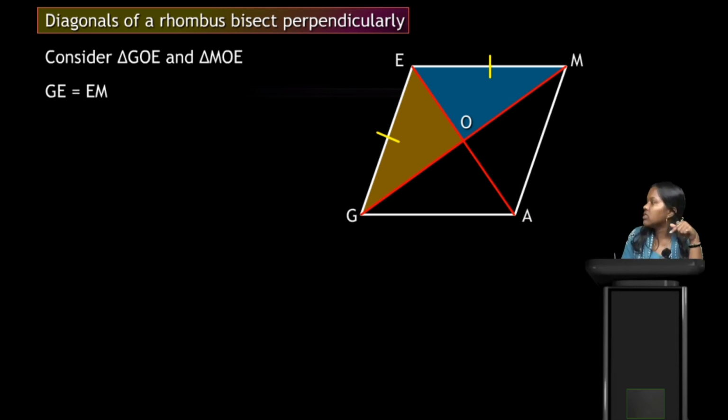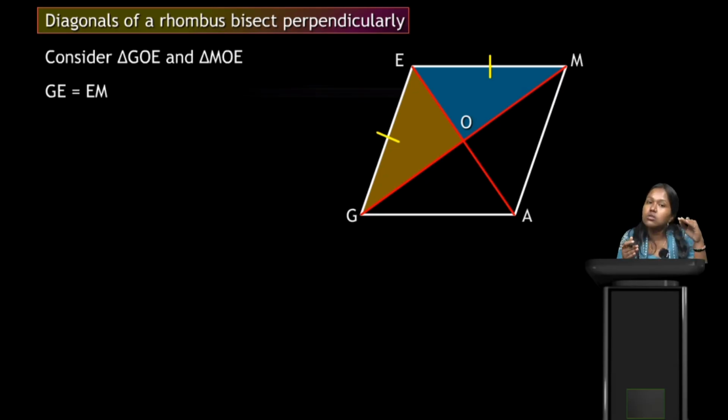OE is perpendicular on GM. Why? Because EA is the extension of EO.